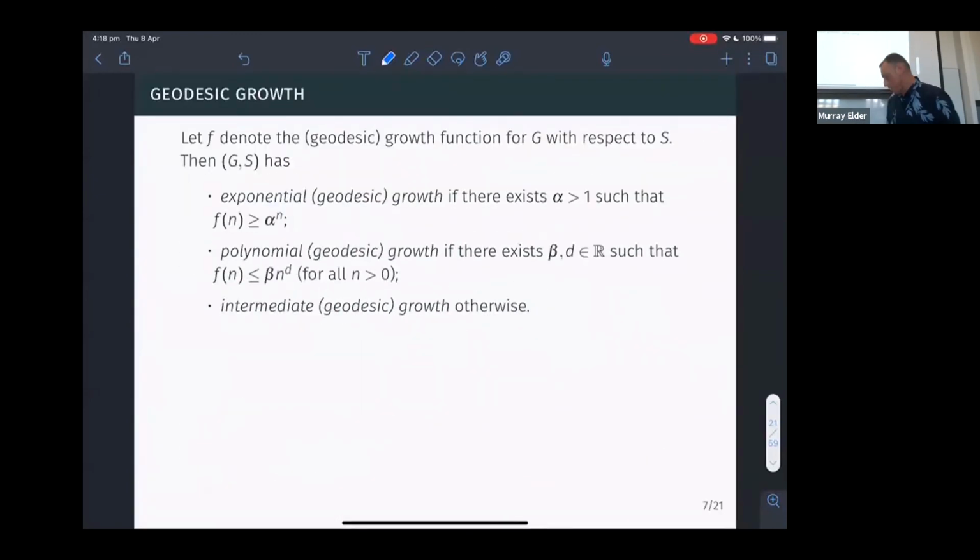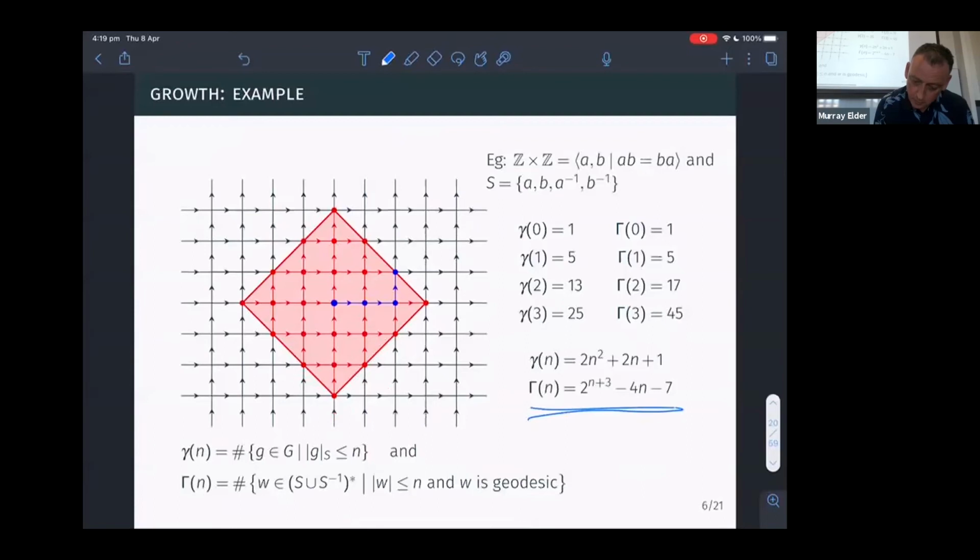Okay, so I want to talk about types of geodesic or normal or ordinary usual growth functions. So a growth function can be exponential if it's bounded below by an exponential. I guess in the previous slide, it's not always the perfect exponential function. It's always going to have some noise in it.